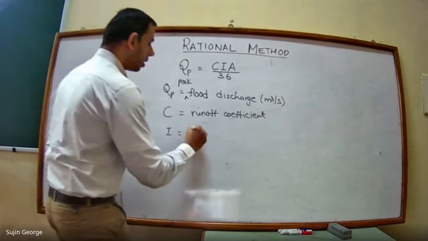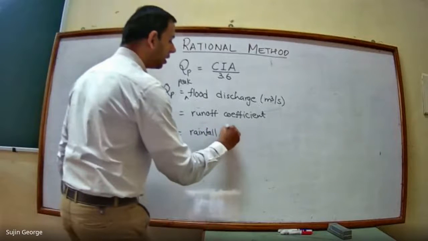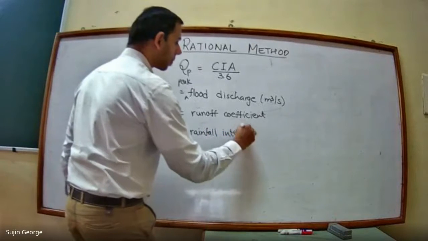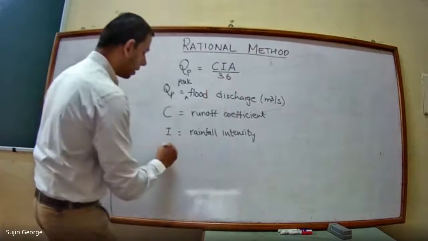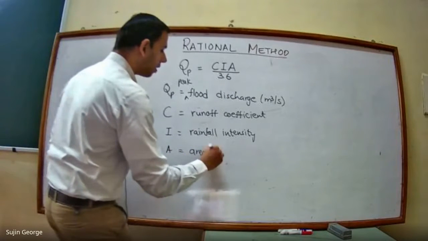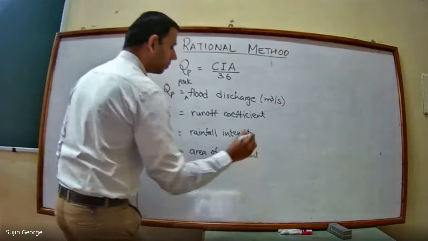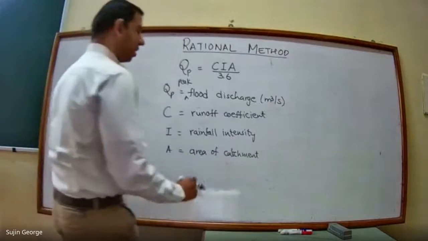I is the rainfall intensity, and A is the area of catchment.